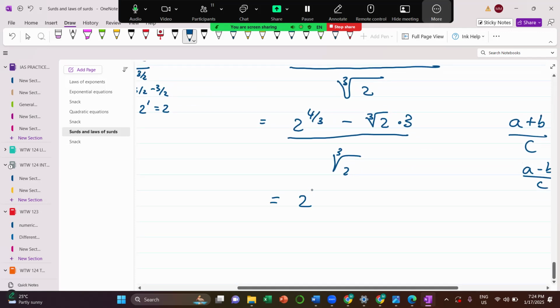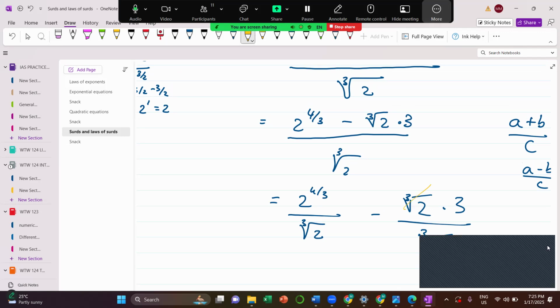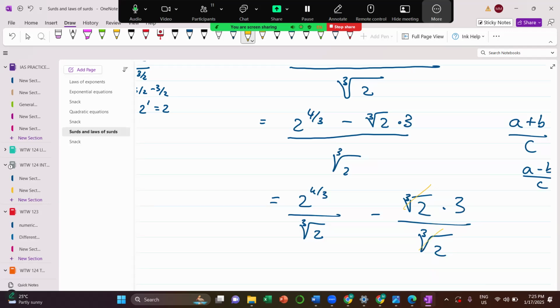So I'm going to have 2 to the exponent of 4 over 3, all over the cube root of 2, minus the cube root of 2 times 3, all over the cube root of 2. So I can notice that on this side, these two values are going to cancel each other out.